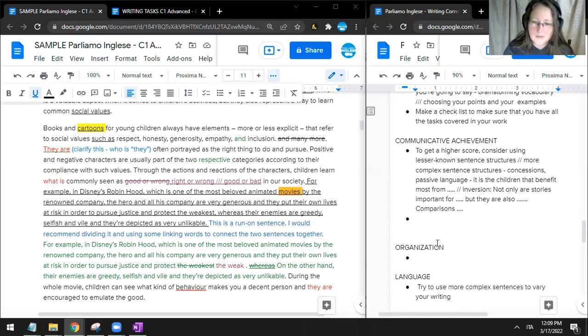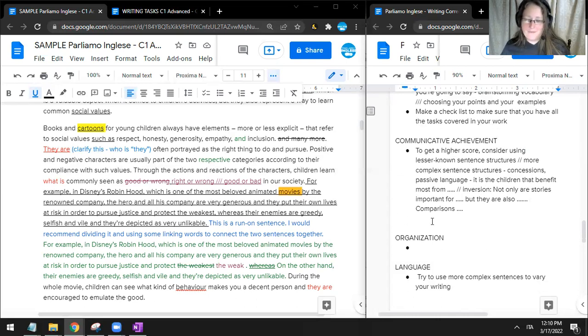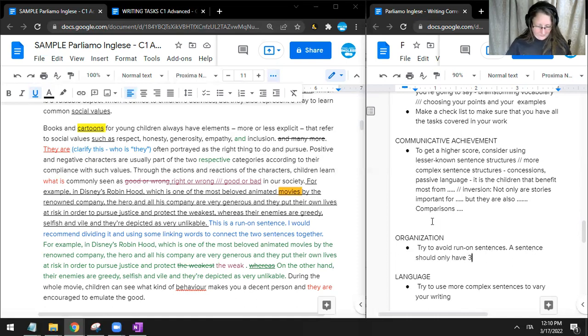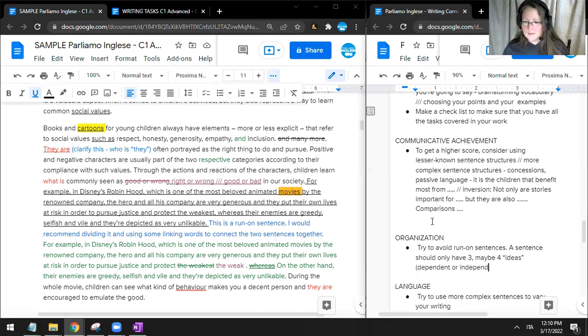I don't necessarily have anything under organization except for try to avoid run-on sentences. So like I said, a sentence should only have 3, maybe 4 ideas, so dependent or independent clauses. It really depends on what you're writing.